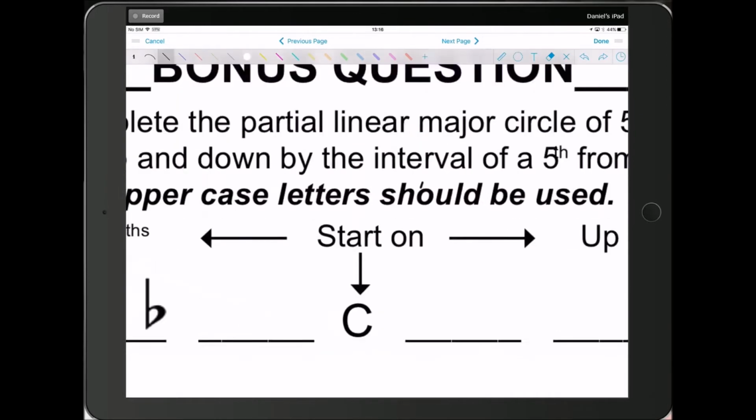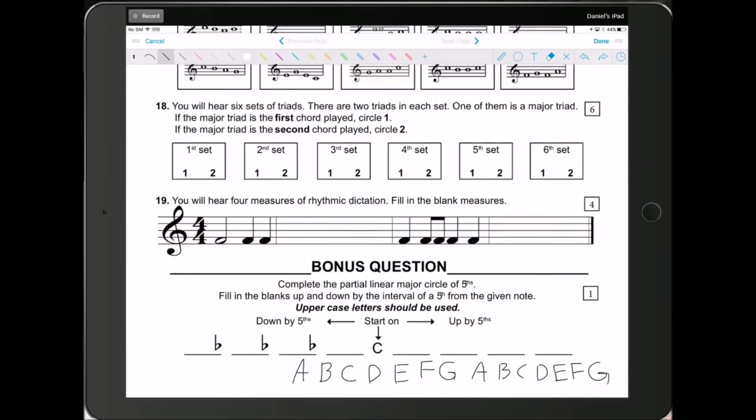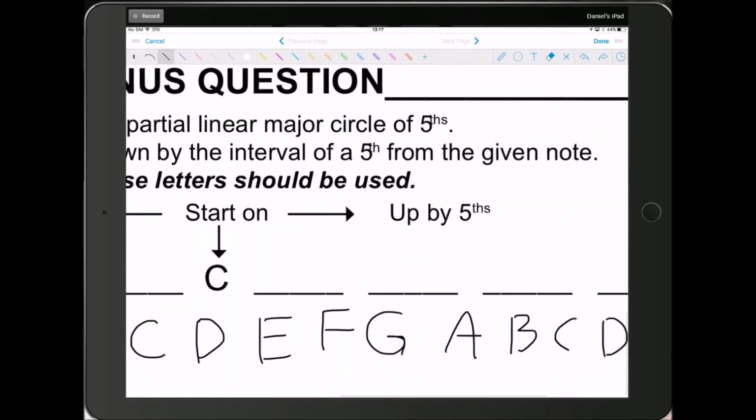Alright, so pretty much, what I'm going to do real quick is I'm just going to draw out the alphabet. So give me a second. Okay, so we're back. I drew out the alphabet twice. And so what you're going to do is go up 5 notes from the given note. So we're going to start on C, and we go up 5 notes, right? So C, 1, 2, 3, 4, 5.